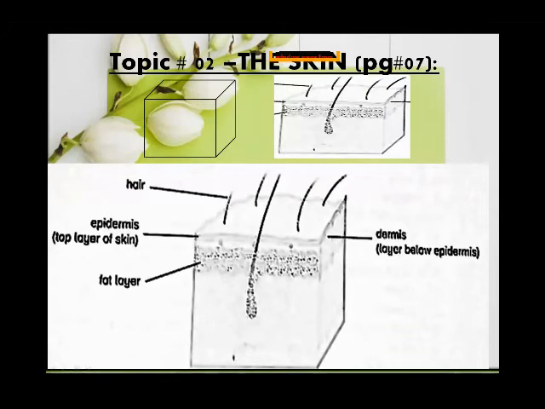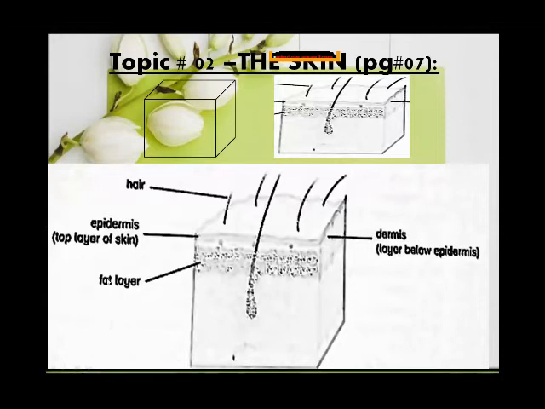Now, second one, there is the dermis layer, which we will show by pencil shade or dots. According to your book, there are dots. So you can use light dots for the dermis layer. This is the second layer. Then in the last, we will draw the last layer after the dermis, the fat layer.